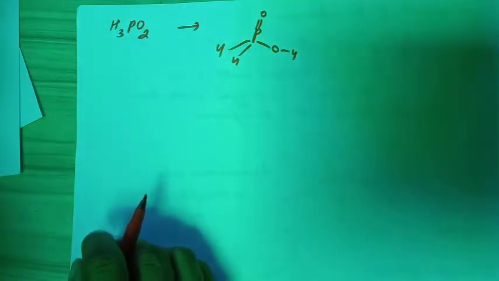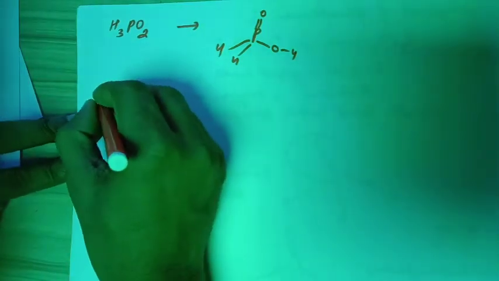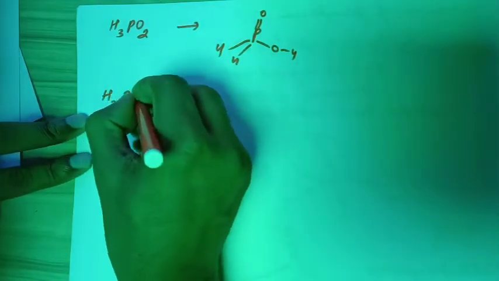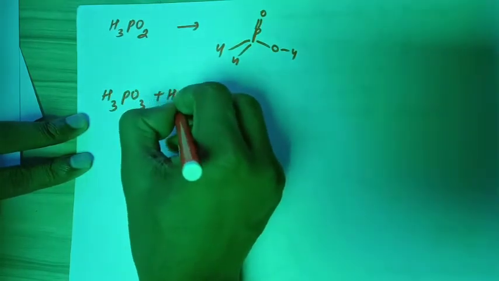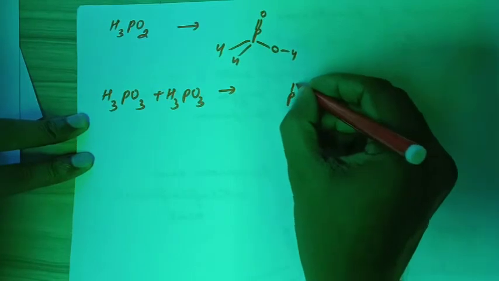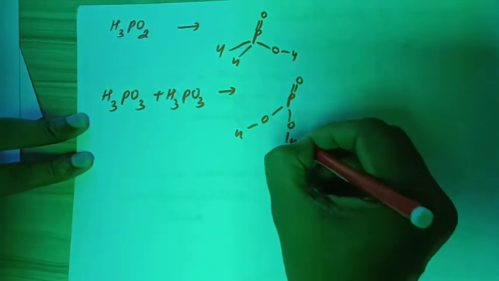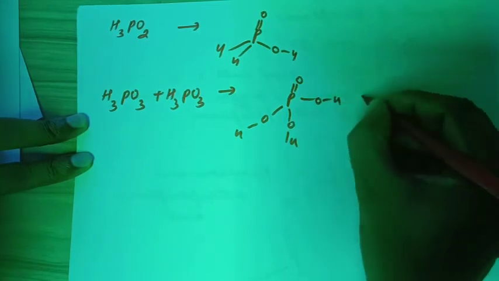Now another basic structure can be drawn. Suppose you take 2 phosphorus, suppose H3PO3 plus H3PO3, then what will happen? So we can take P double bond O, OH, H, and take OH. The same compound can be drawn over here.